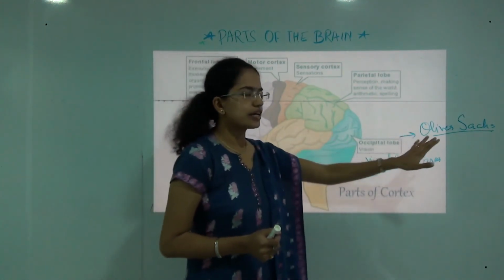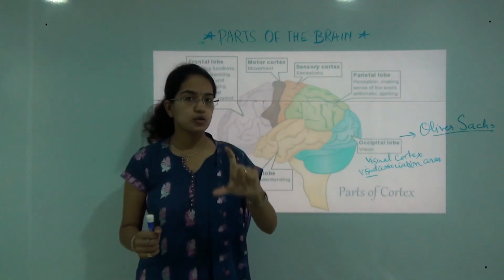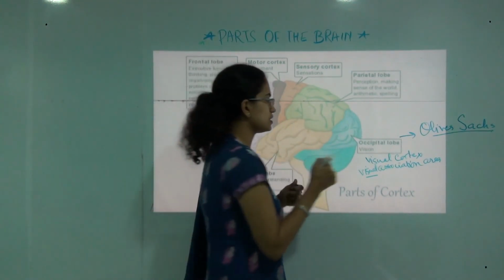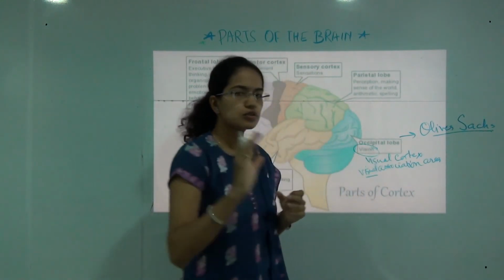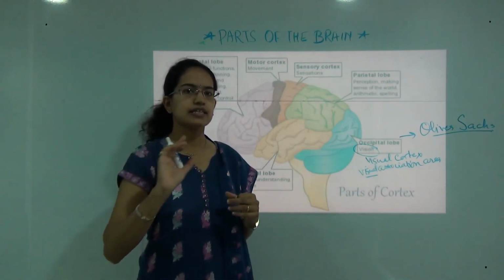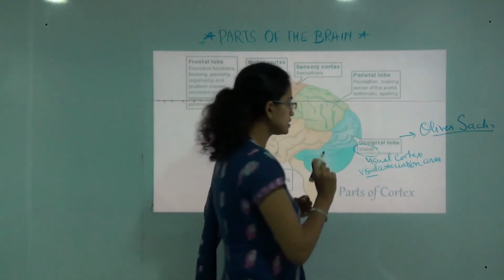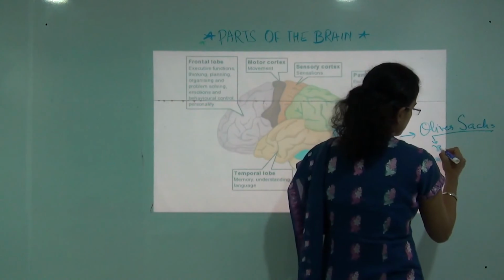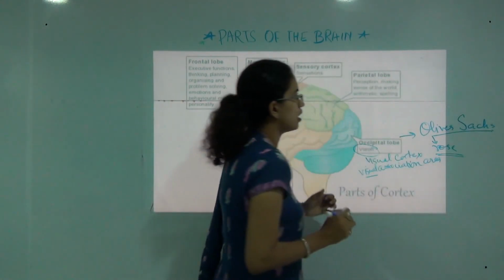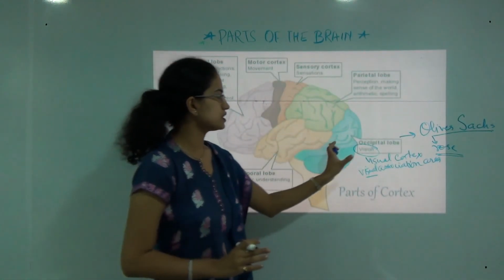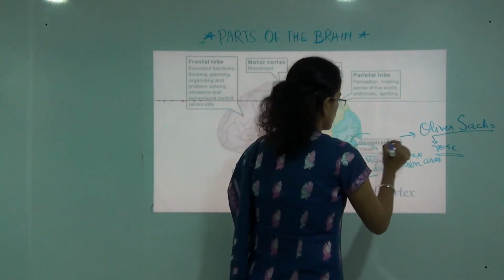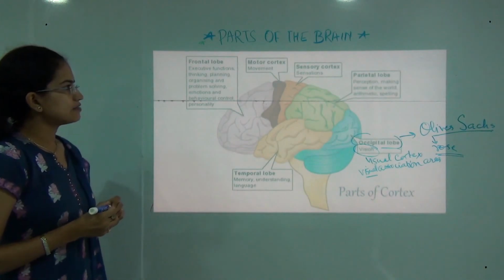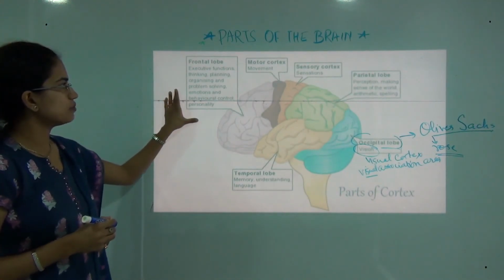He could not recognize that this is a rose, but because only the vision sense was damaged, the person could smell it and say that the thing in my hand is a rose. That was an experiment aimed to prove the role of the occipital lobes.